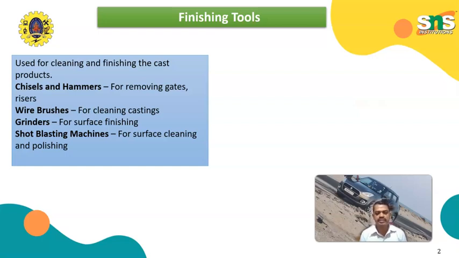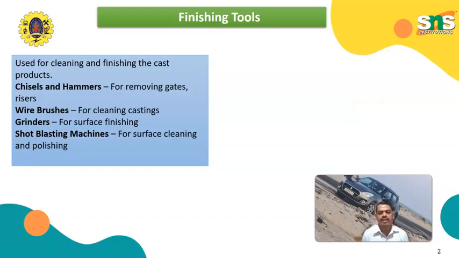Next is finishing. Remove the excess metal, cleaning and preparing for the final product. Generally the tools used are chisels and hammer for knocking off the risers and gates. Wire brush for surface cleaning purposes.